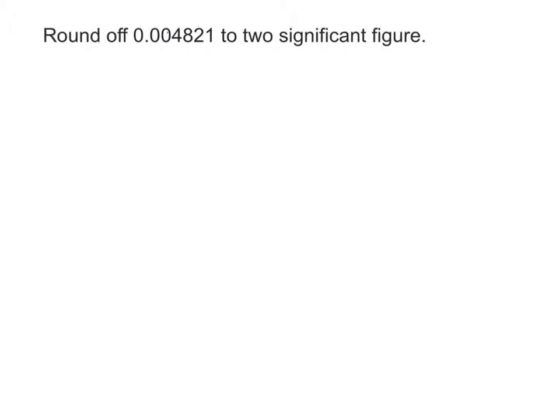So, round off 0.004821 to 2 significant figures this time. That's quite important, it's changed to 2. So I write down the number until I get to the second digit that's not a 0. So 0.0048. This 8 is the second digit that's not a 0.